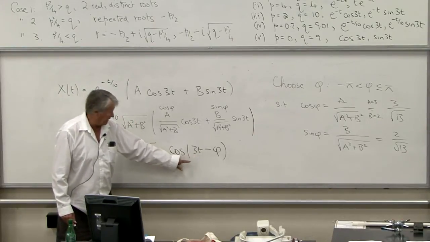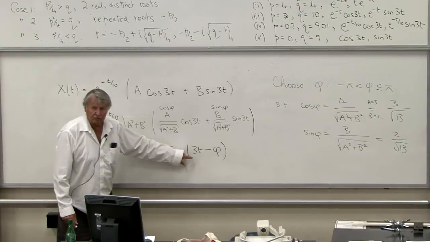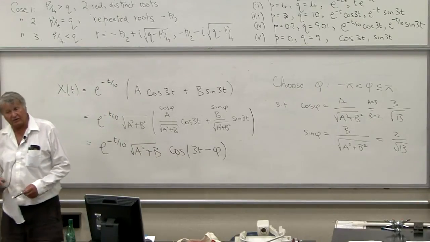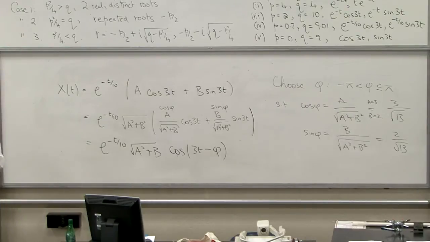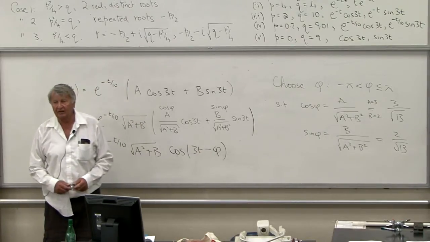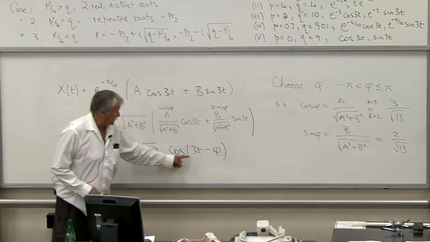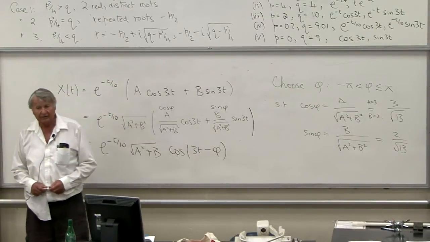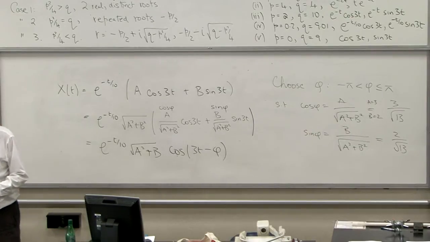It's going up and down with 2 pi over 3 between successive maxima. And it's phase shifted a little bit. In other words, the place where the argument is 0, so the cos is 1, instead of being t equals 0, it's t is phi over 3.